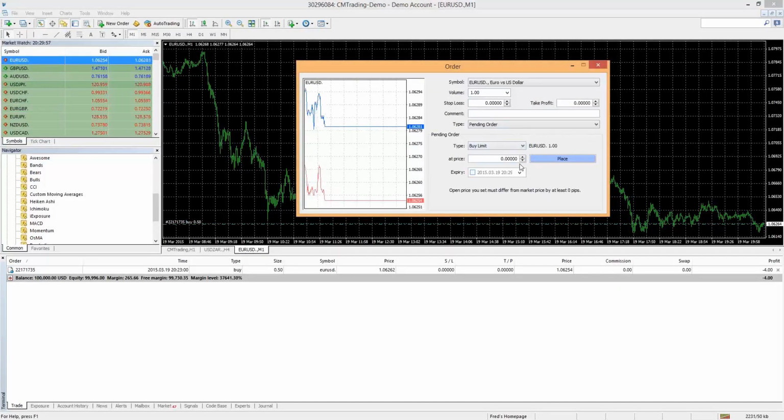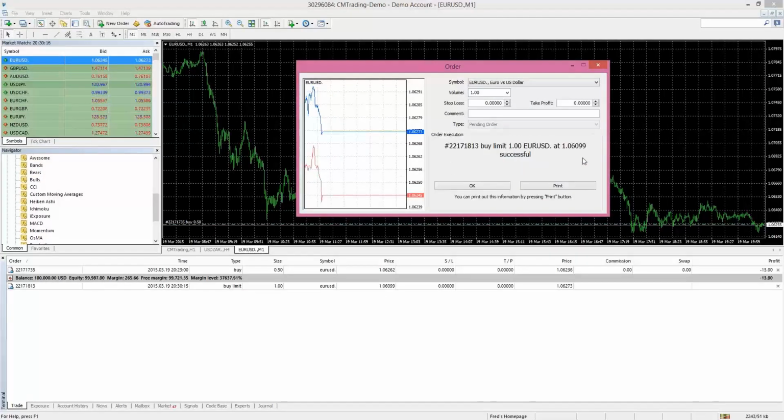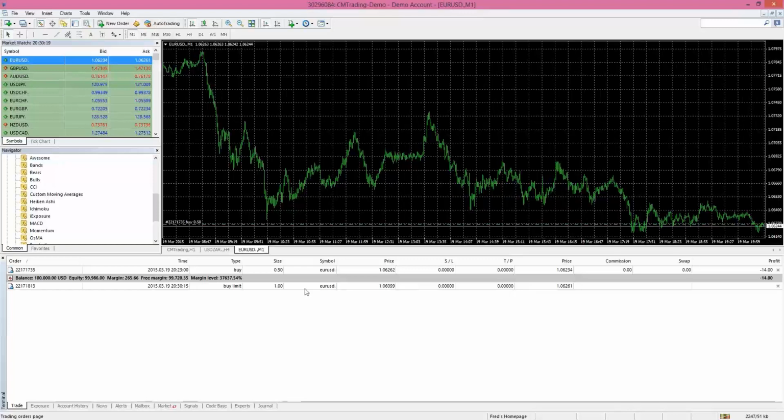A buy limit, for example, is if I want to purchase a specific symbol at a certain price. So let's say if it hits 1.06099, I place this buy order.